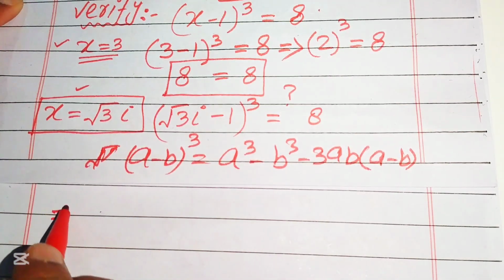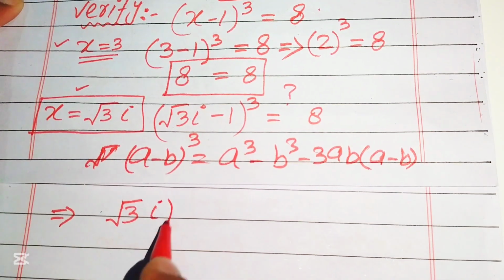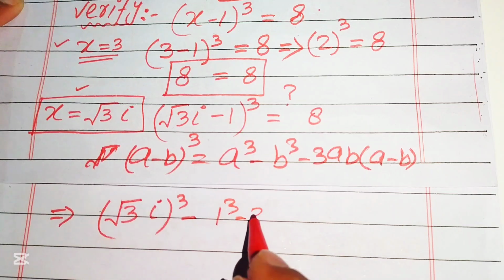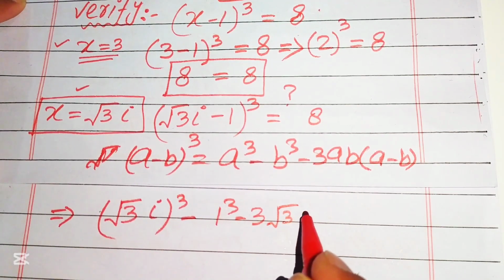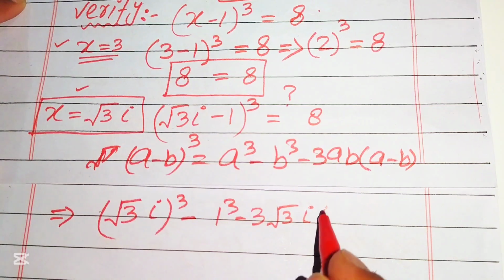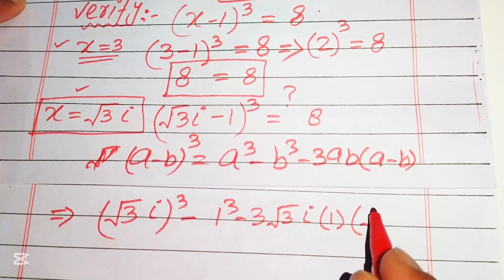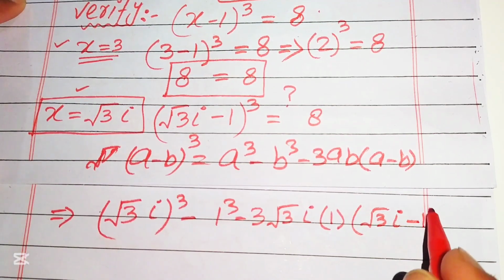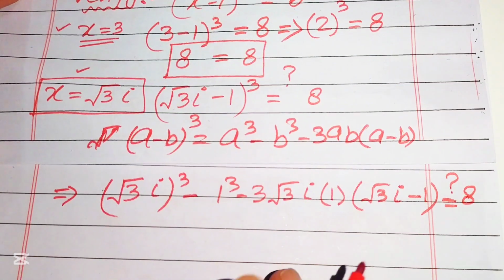According to this formula, it will be written as (√3 i)³ − 1³ − 3ab(a − b). Here our a is √3 i and our b is 1, and a − b is √3 i − 1. And we check: is this equal to 8 or not?